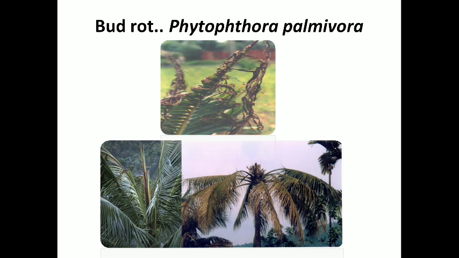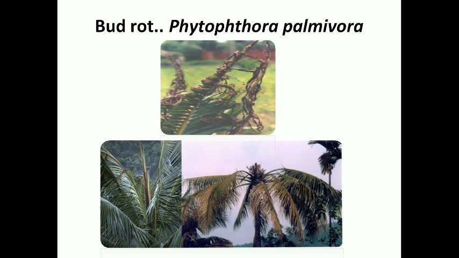Next disease is bud rot. Bud rot is a very severe disease in palms aged 5 to 20 years. It is caused by the fungal pathogen Phytophthora palmivora. Let's discuss the symptoms.